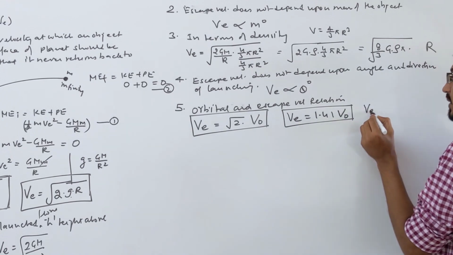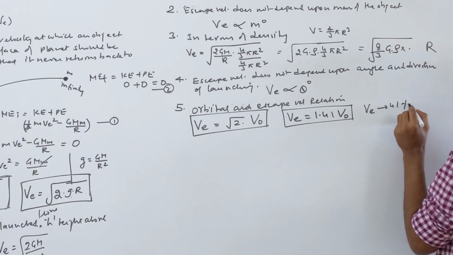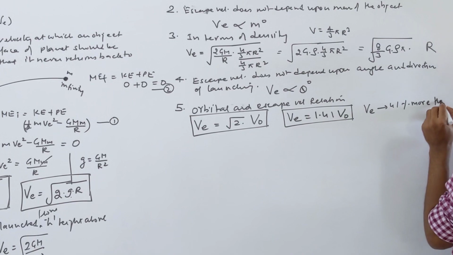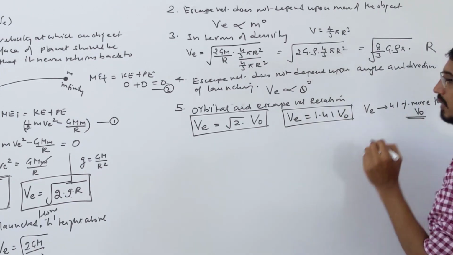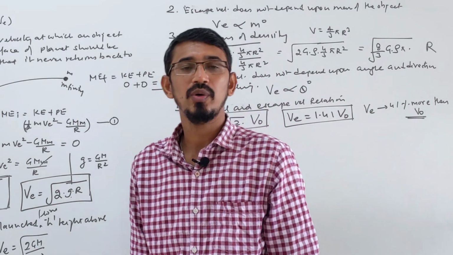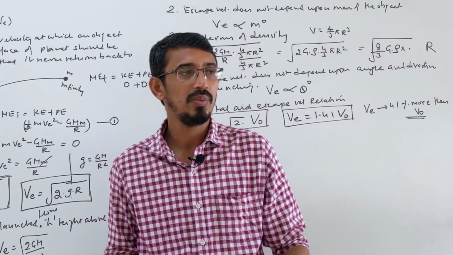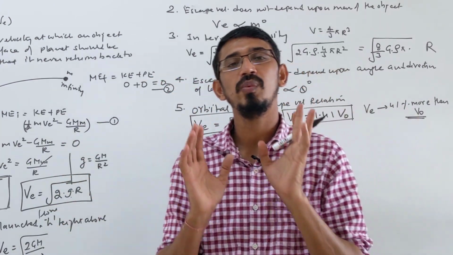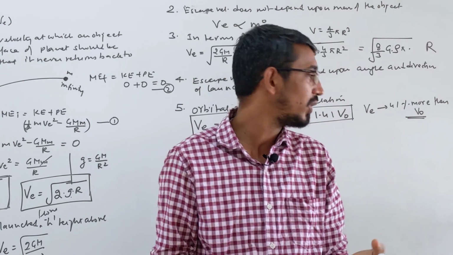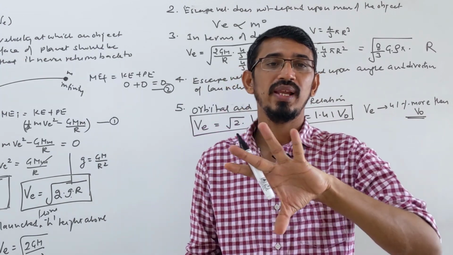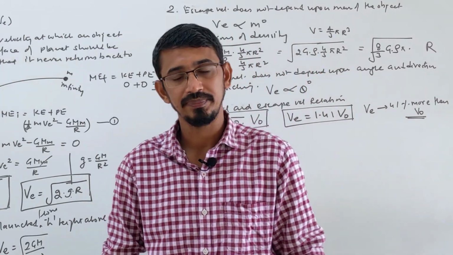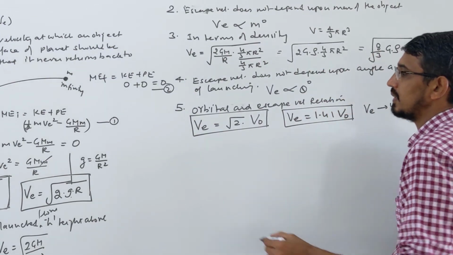So escape velocity is actually 41% more than your orbital velocity. You have some object whose orbital velocity is something x. If you increase that orbital velocity by 41%, then that object will escape from that orbit.